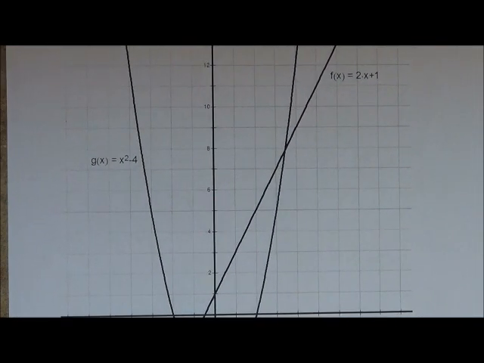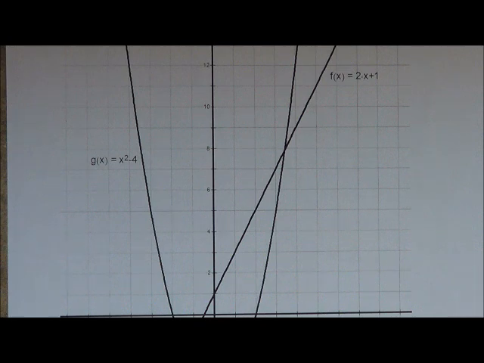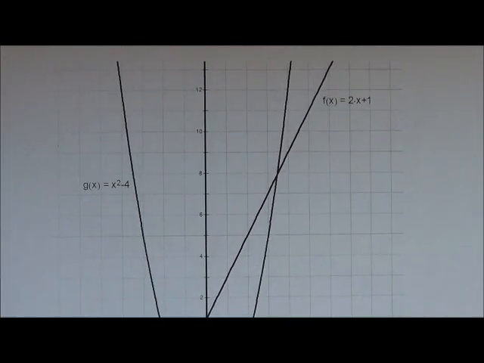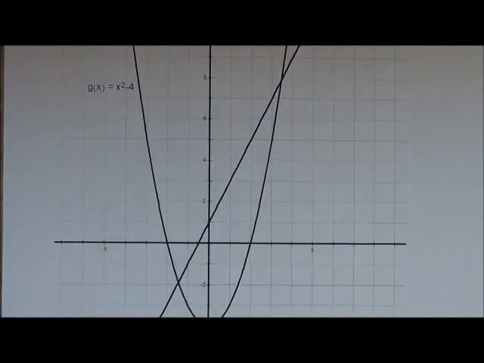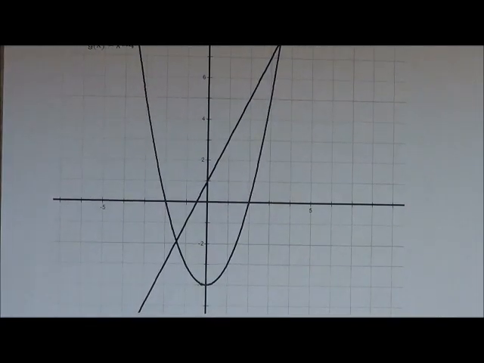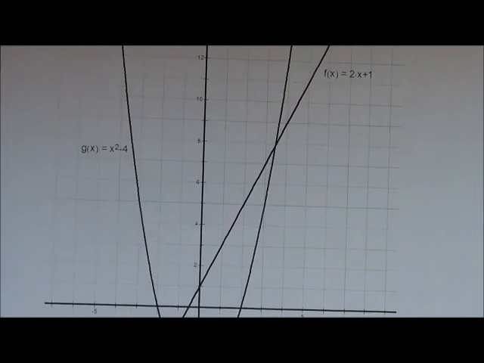Okay, so this is basically the graph, and it's a little too big to see the whole thing. However, we can see the most interesting parts of it. The parabola is x squared minus 4, that's g of x, and the line is f of x equals 2x plus 1.